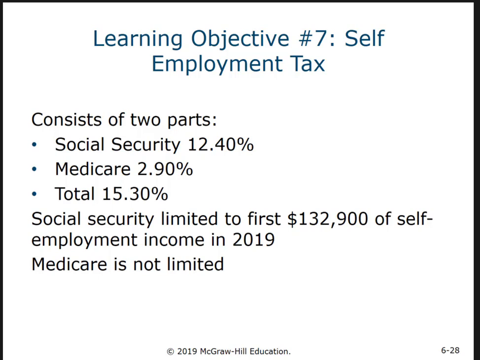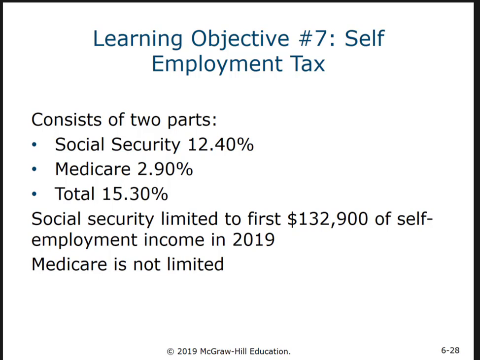and then you multiply it by the percentage there. The Medicare goes up, and in fact there's an additional Medicare tax on higher incomes over $250,000, but the Social Security you only calculate on the first $132,900.